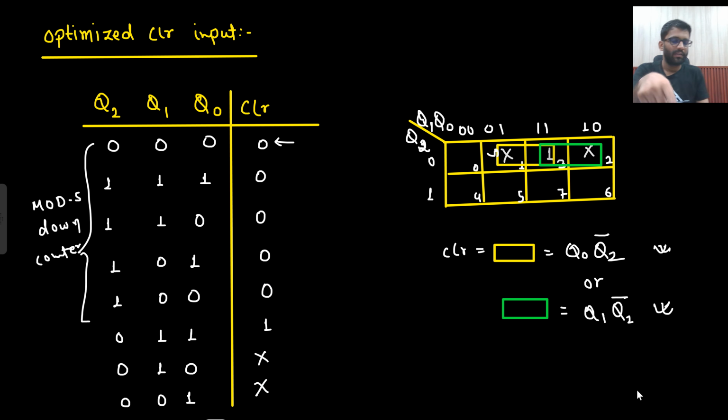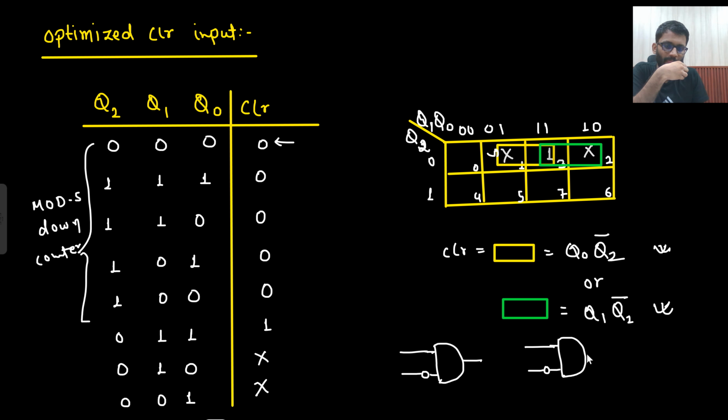Okay. So either you make this design, basically you take Q0 and take Q2 bar, or you make this design: Q0, Q2. Okay. Q1, Q2. So these designs are correct.